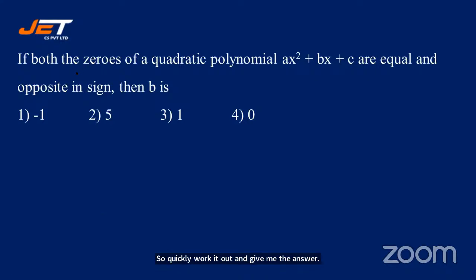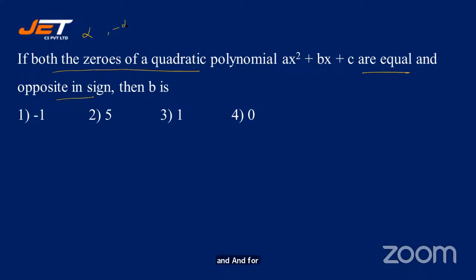If both the zeros are equal and opposite in sign, you take one to be alpha and the other to be minus alpha. So alpha to be alpha, beta to be minus alpha. With this, you should be able to do it. Quickly do it and give me the answer. Waiting for your answers. Your time has already started.